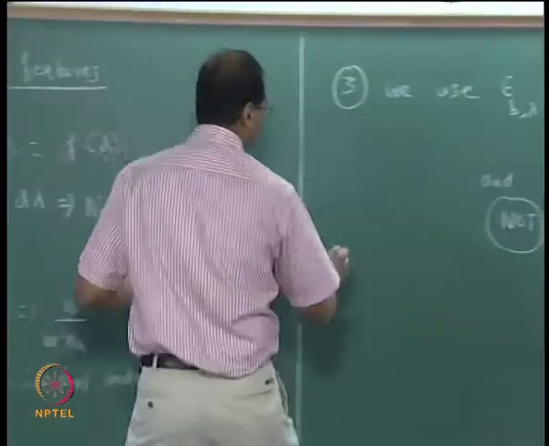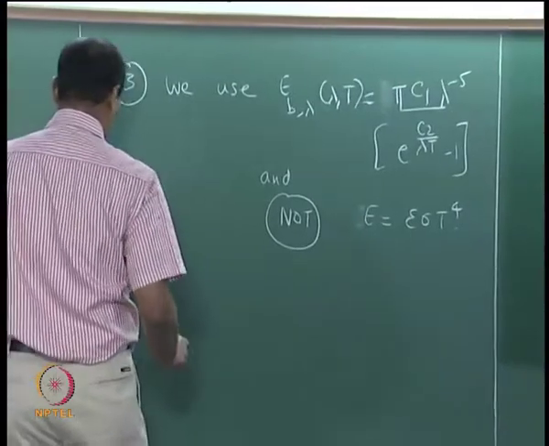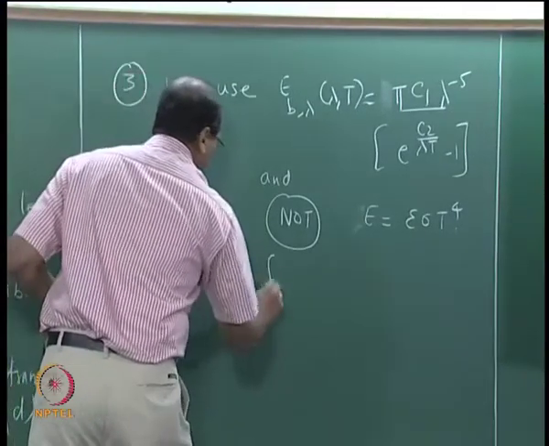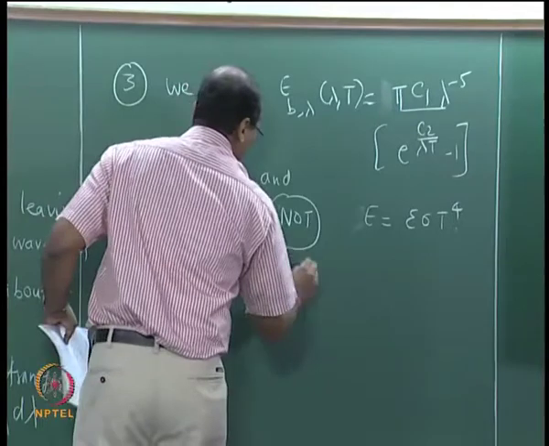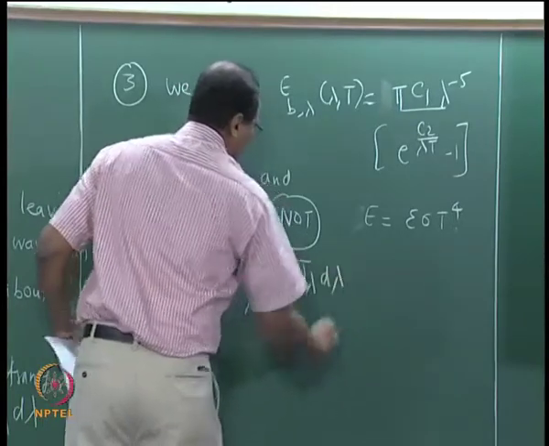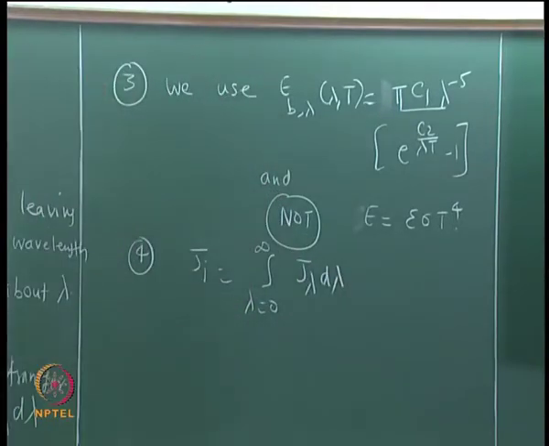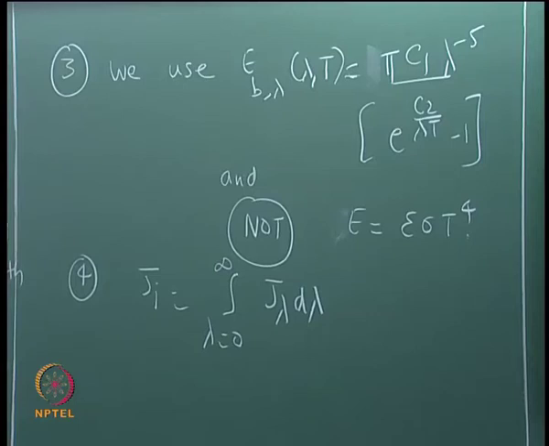It depends on how we have done it, okay, fine. And now J_i, yeah, please watch this. So J_i will be the integral from lambda equal to 0 to infinity of J lambda d lambda. I want to put it J lambda i.